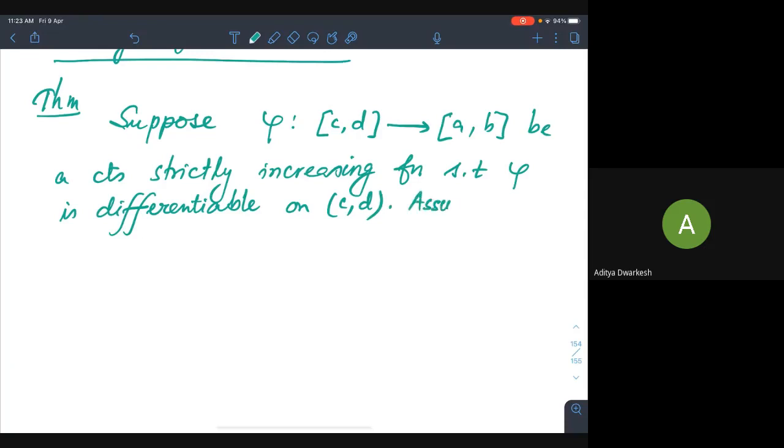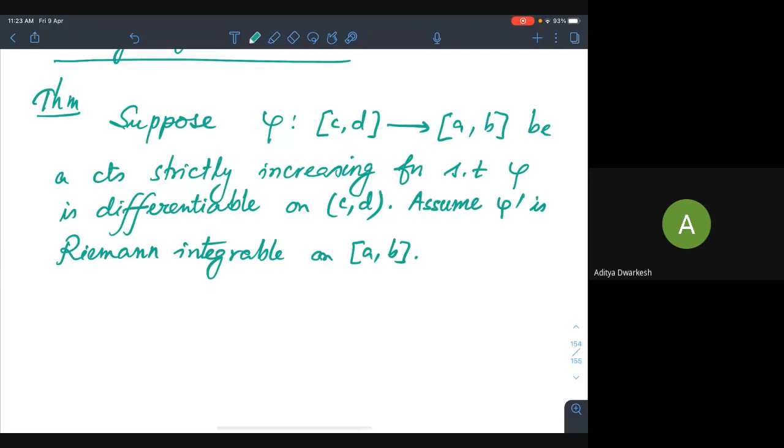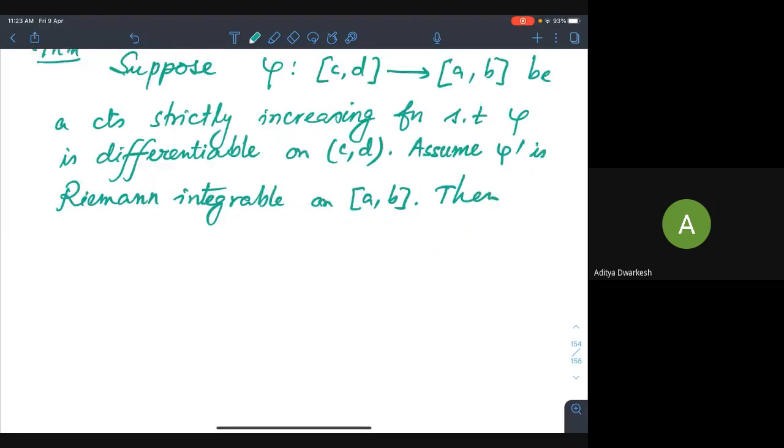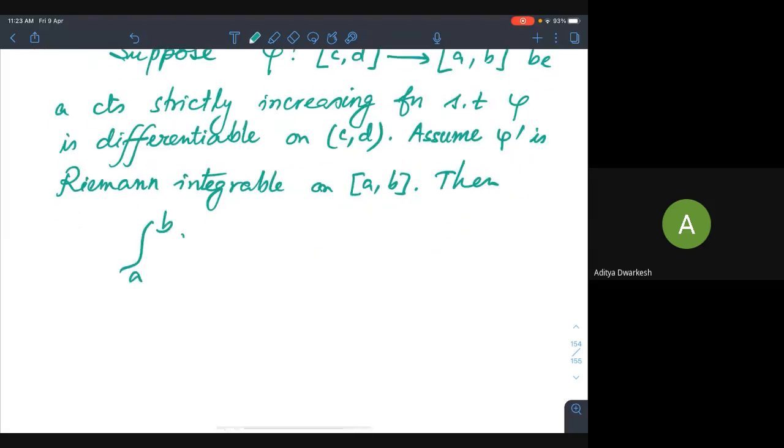Assume phi prime is Riemann integrable on [c,d]. Then the integration a to b of f(x) dx is equal to the integration c to d of f composed with phi(y) times phi prime(y) dy.